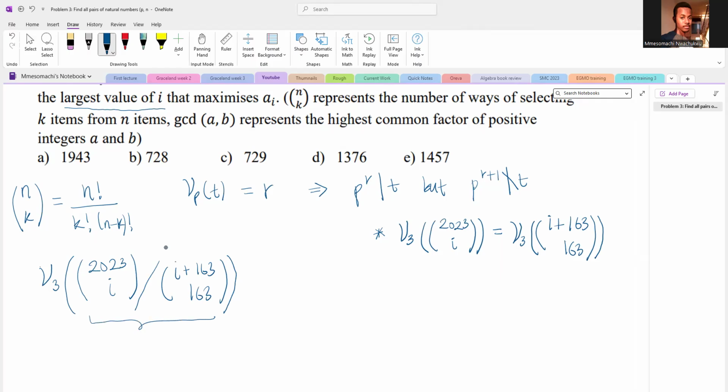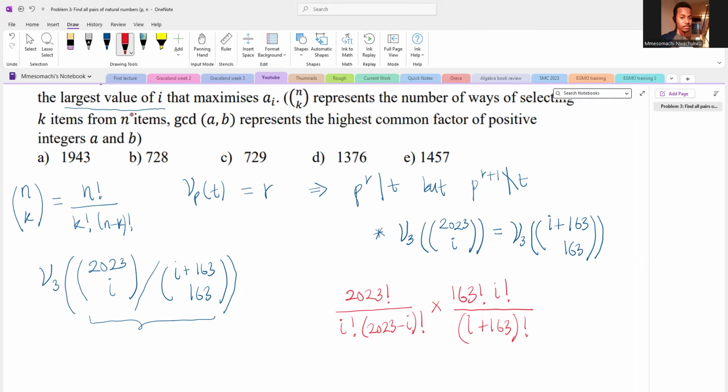Using a different pen color, 2023 factorial over i factorial times (2023 minus i) factorial, times, inverting immediately, 163 factorial times i factorial divided by (i plus 163) factorial. So that's what this thing in the brackets equals.